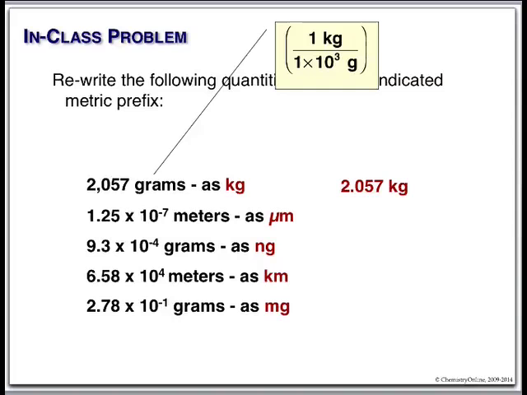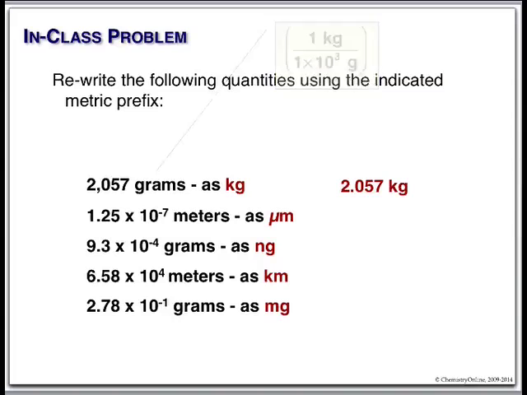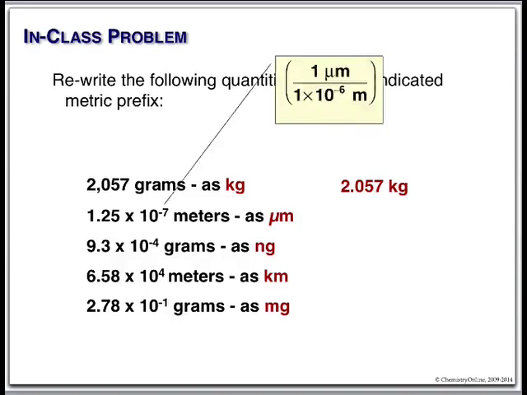Our next one here, we're going to do meters and micrometers. We remember micro, the Greek symbol mu, is 10 to the minus 6. So 1 meter is the same as 10 to the 6th micrometers. Sorry, I'm saying that wrong. But we need meter in our denominator. So one of the 4 ratios we could use is this one. Micro is 10 to the minus 6, isn't it?